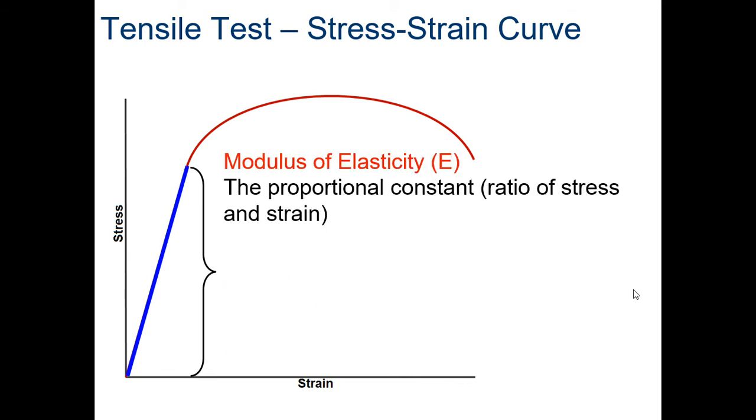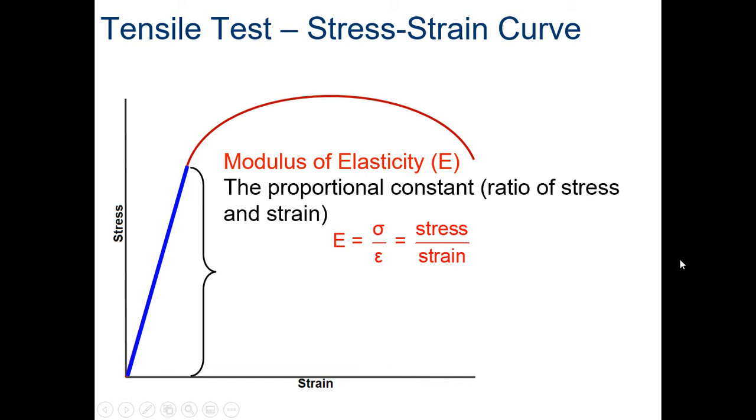Modulus of elasticity. We've talked about that. That's the proportional constant, or the ratio of stress to strain. So that's why we did those two formulas earlier, and you get modulus of elasticity, capital E, normal looking E, is sigma divided by epsilon, or stress divided by strain.